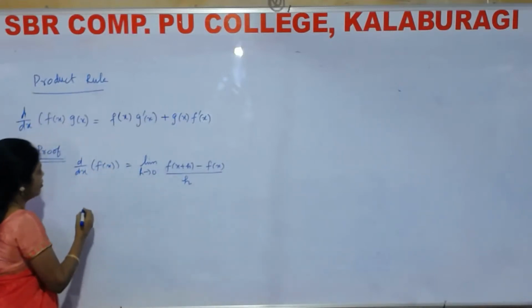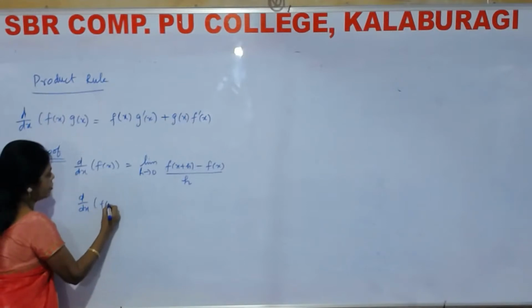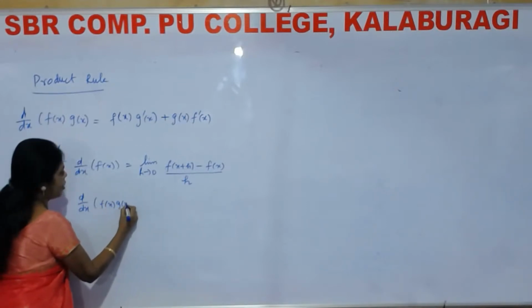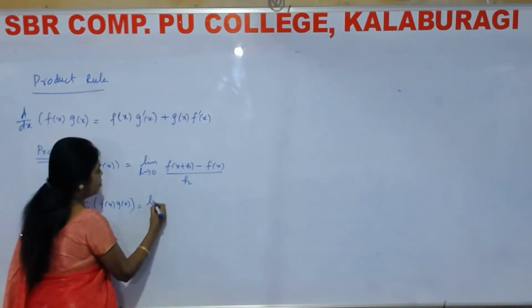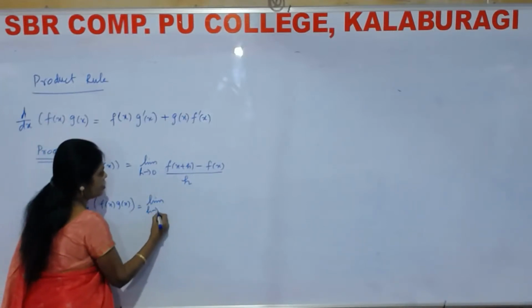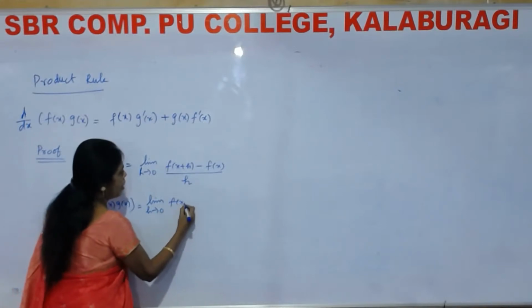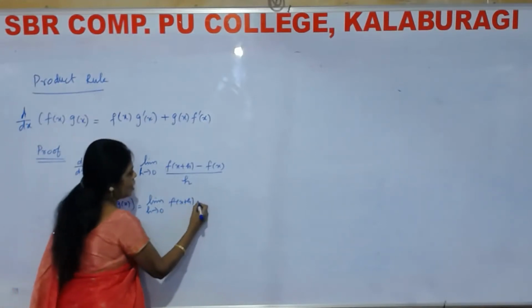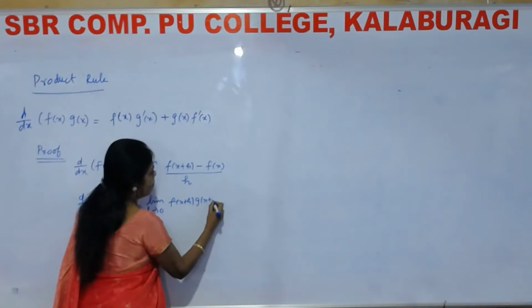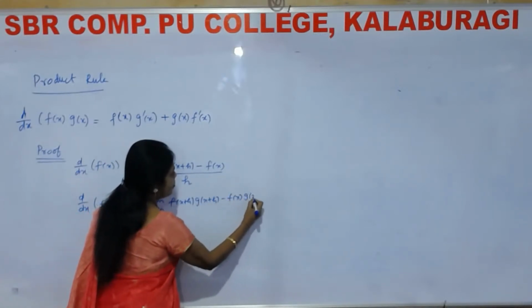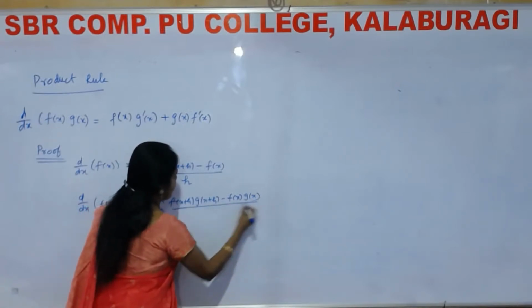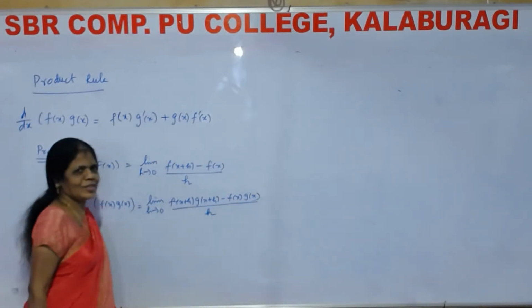Now I'm taking d by dx of f of x into g of x. Following it? How will you write this one? Limit h tends to 0, f of x plus h into g of x plus h minus f of x into g of x. Very good, you know that.